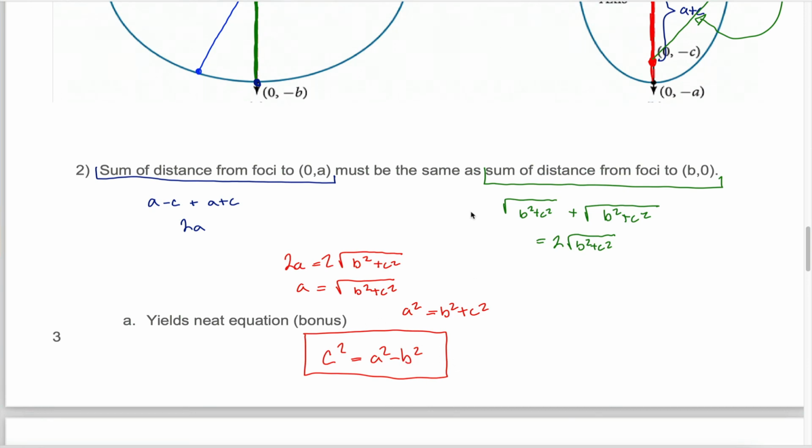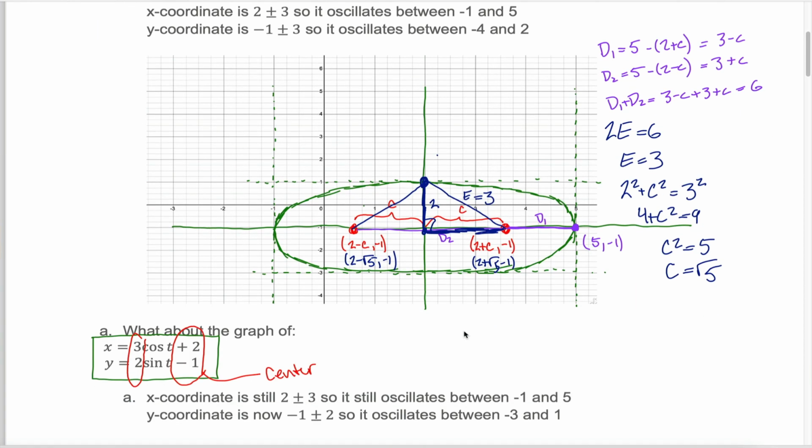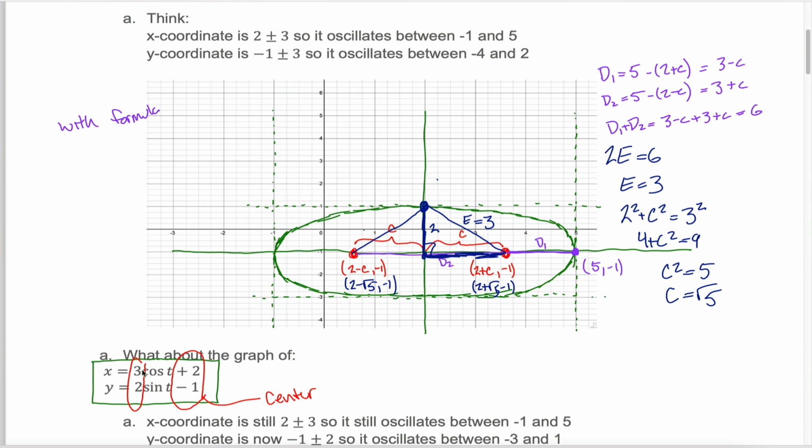You take this formula right here and apply it to this example. The distance along the major axis to the vertices, 3 right here, is my value of a. The distance along the minor axis to my vertices is this 2 right here, which represents the letter b.